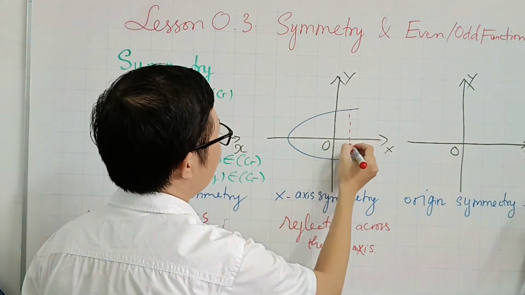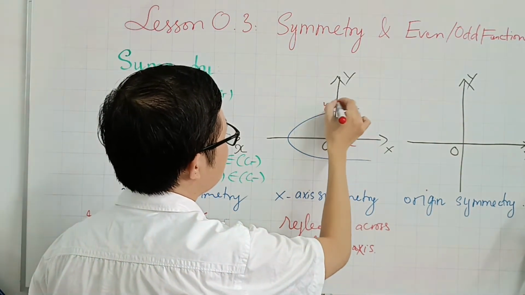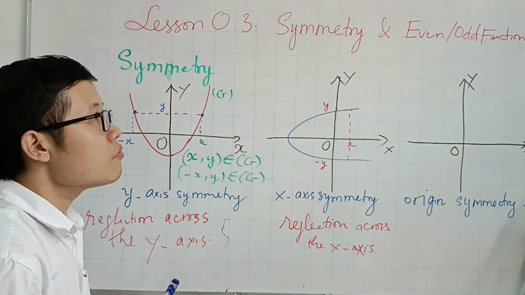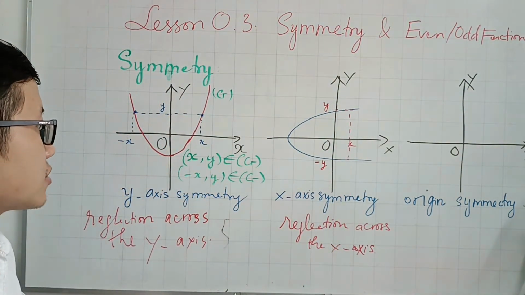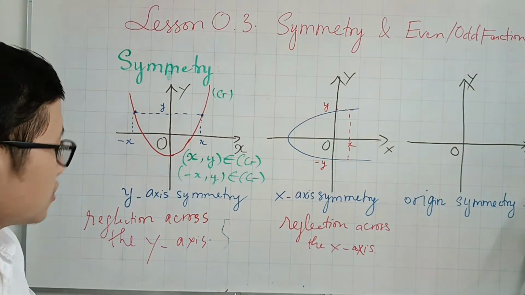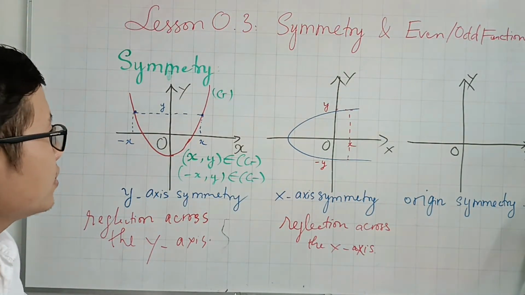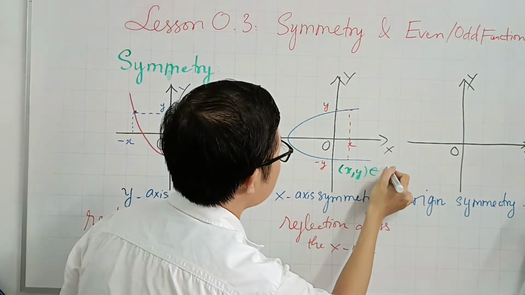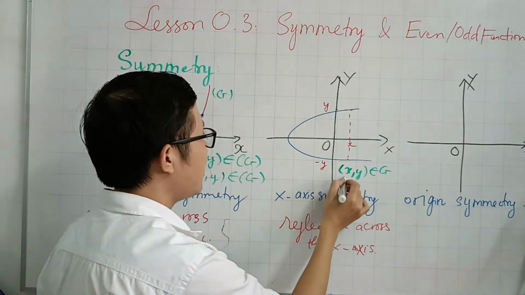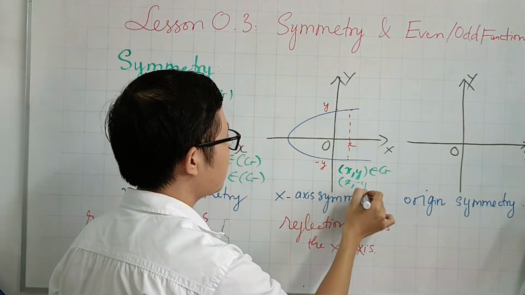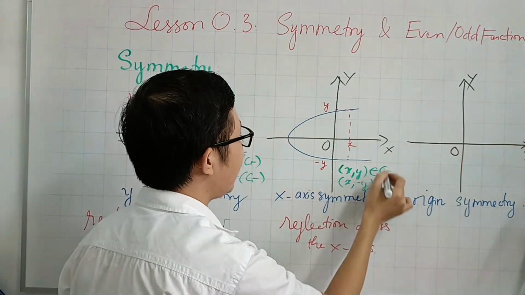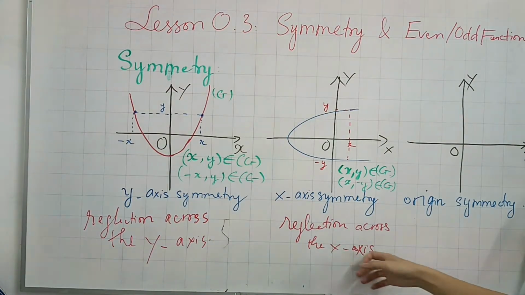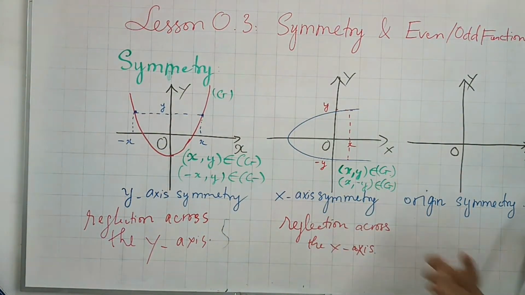If the point (x, y) lies on the graph, the point (x, negative y) also lies on the graph too. It is a reflection across the x-axis, or we also call it x-axis symmetry.